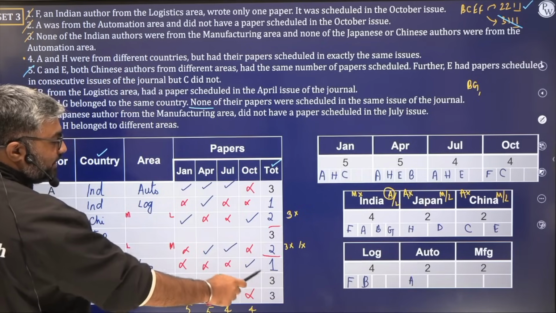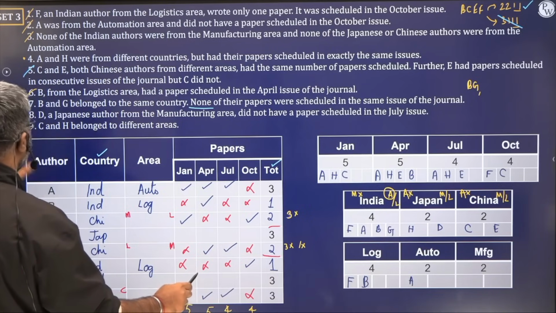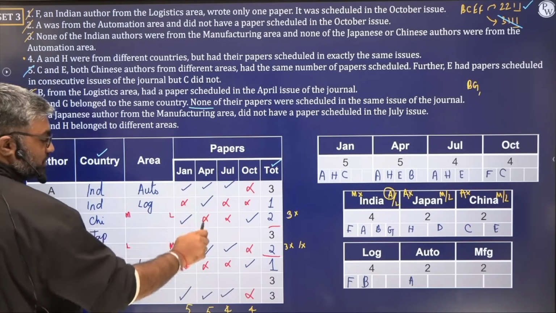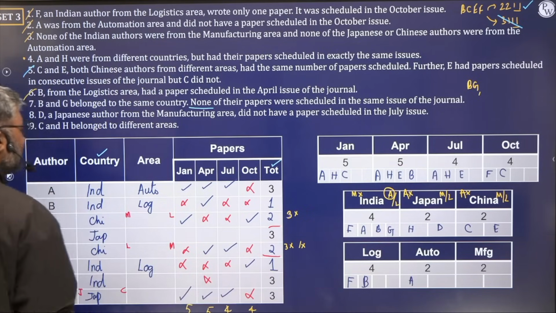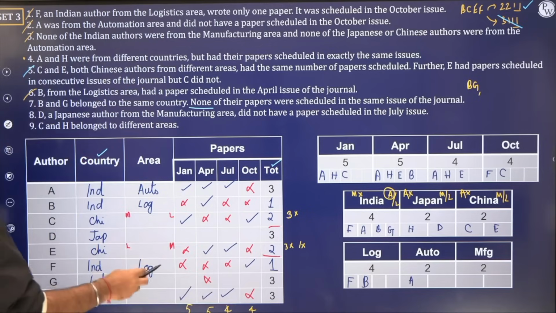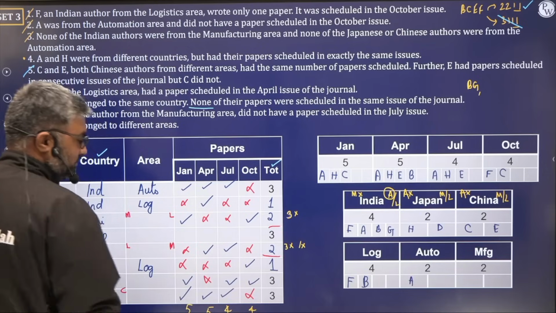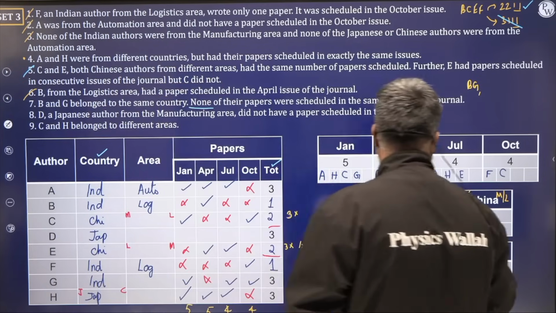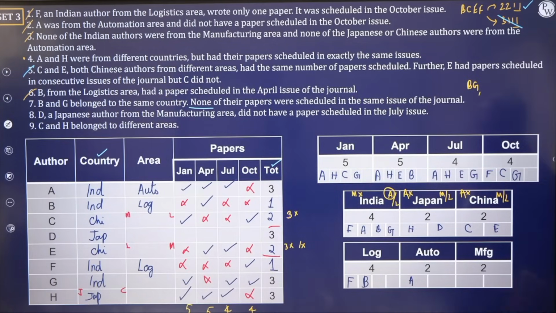If B has his paper published in the April issue, then G can never have it in April, and G has to have 3 papers published. That means Jan, July, October is for G.